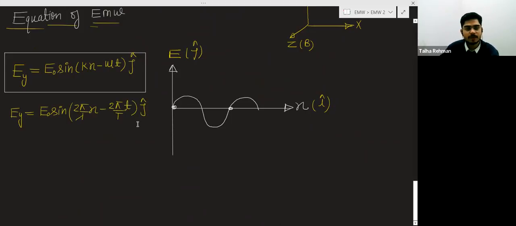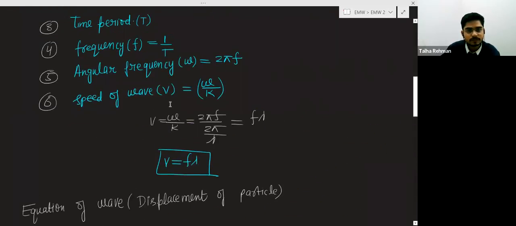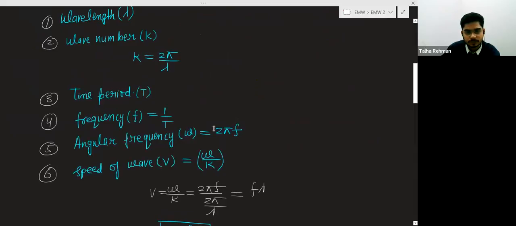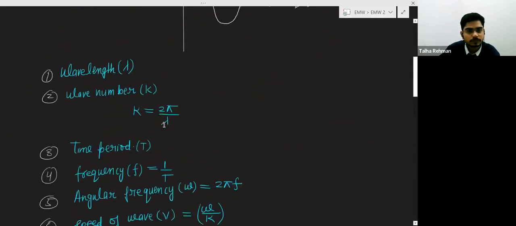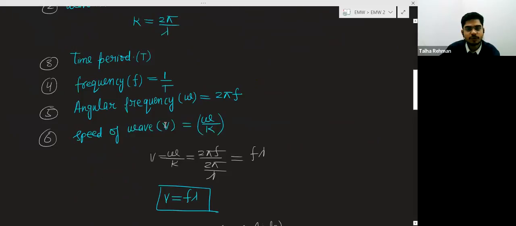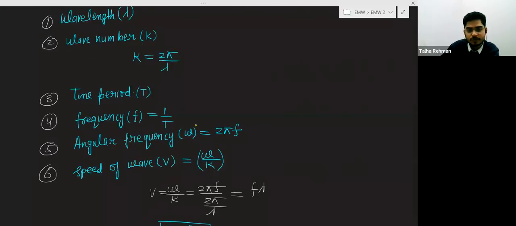You can see here omega we can write as 2 pi by T. When you compare, there is a relation between omega and the time period.